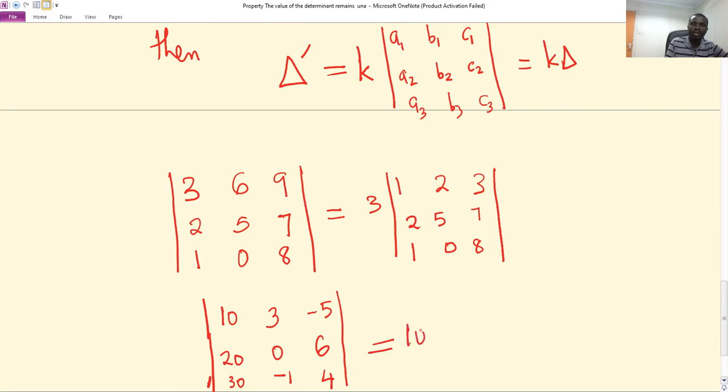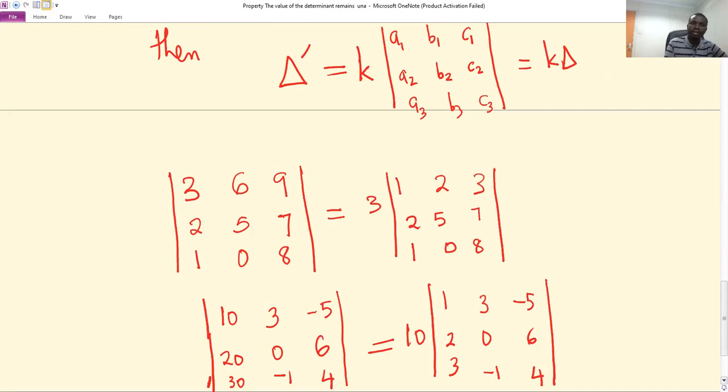So you factor out 10, and then we have 1, 2, 3, 3, 0, minus 1, minus 5, 6, and then 4.